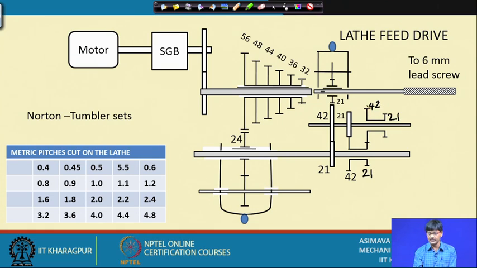So, if it is connected here, I will get 1/4, and if I connect it here, I will get 1/8. So, if I am getting 3.2, I can get 1.6, I can get 0.8, I can get 0.4. If I am getting 3.6, I can get 1.8, I can get 0.9, I can get 0.45. These are halves, 1/4 and 1/8.